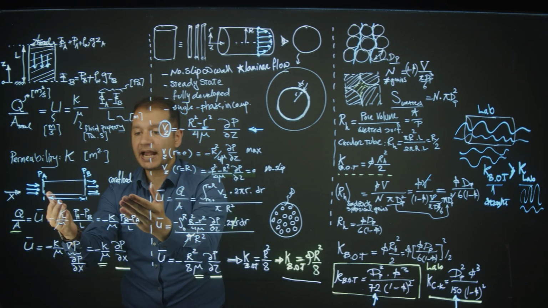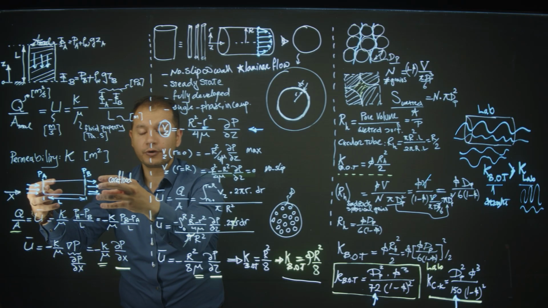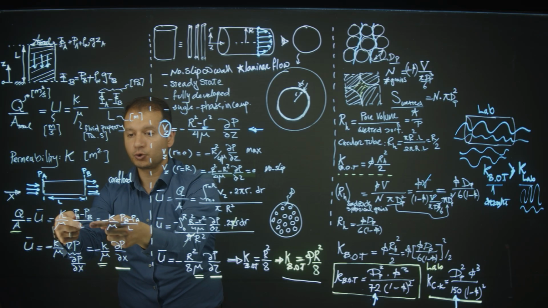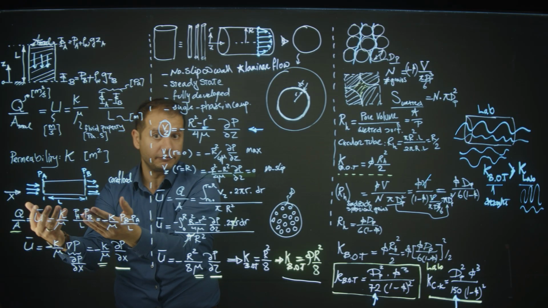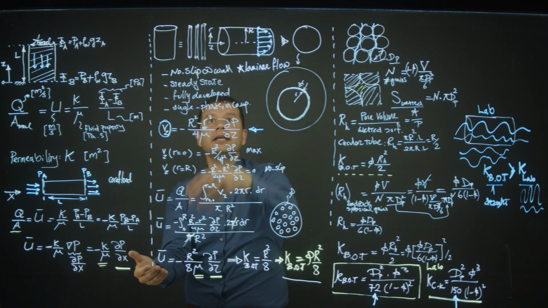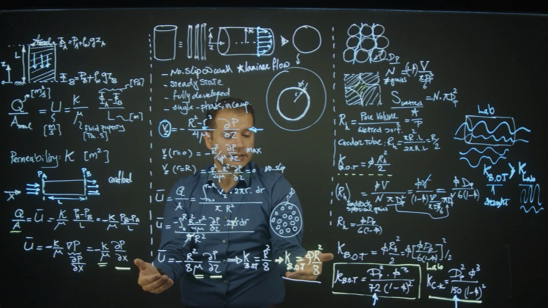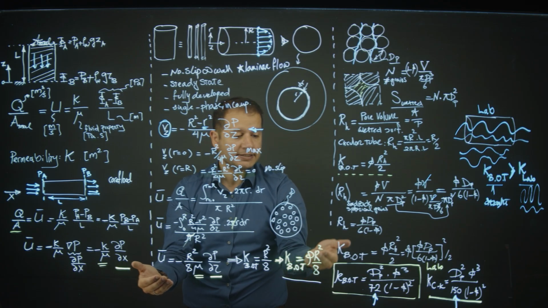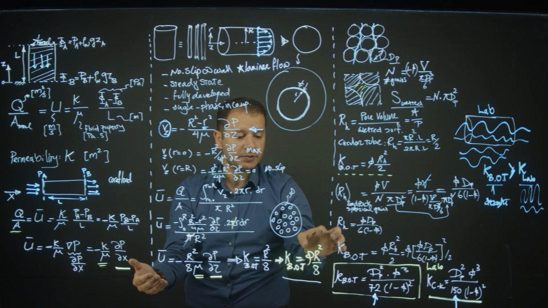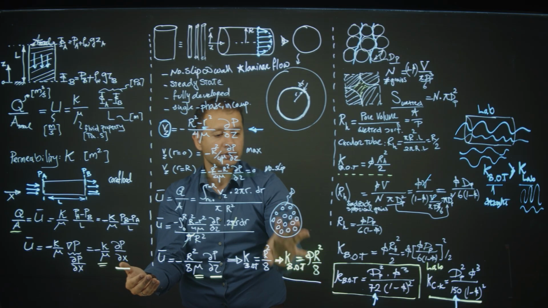And when you do a core flood experiment, you don't have gravity effect if you put it horizontal, for example. And if you do one tube analysis, you find that permeability is very much related to the radius of the tube squared over 8, times phi if it is a porous system.